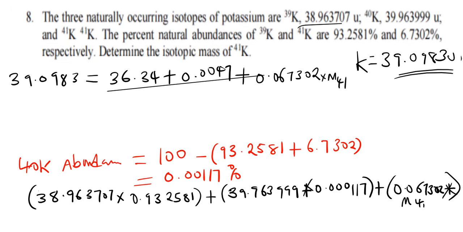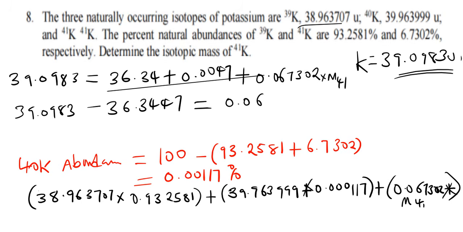I'm going to write 39.0983, and subtract what I have: 36.34 plus 0.0047. When I add those, they give me 36.3447. This will be equal to what has remained, 0.067302 multiplied by M41.